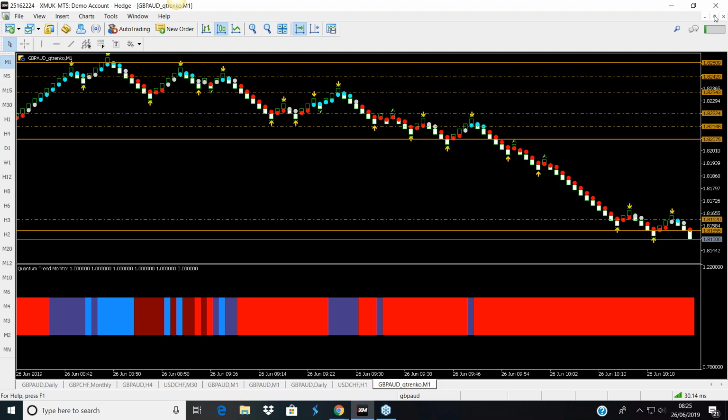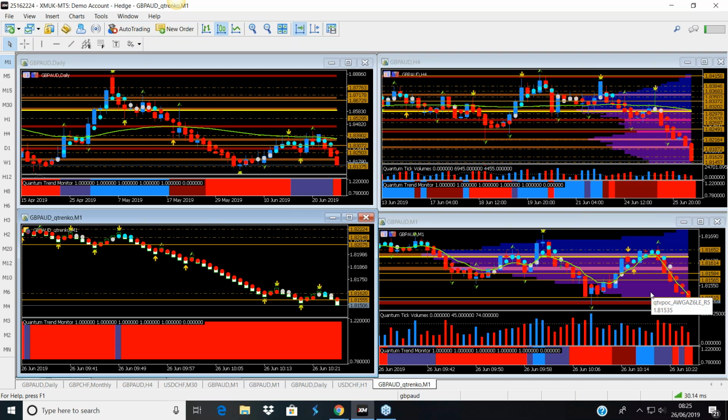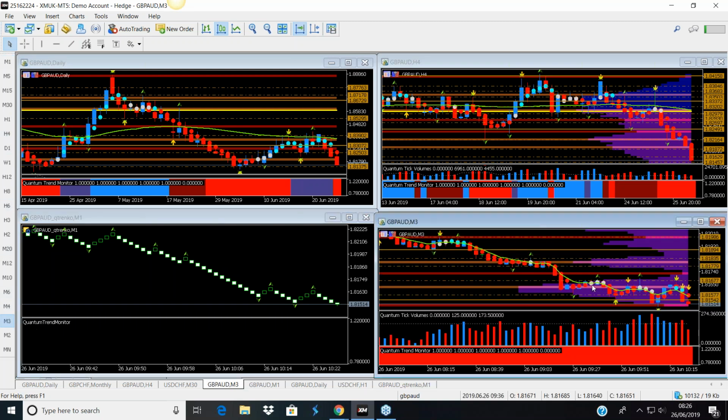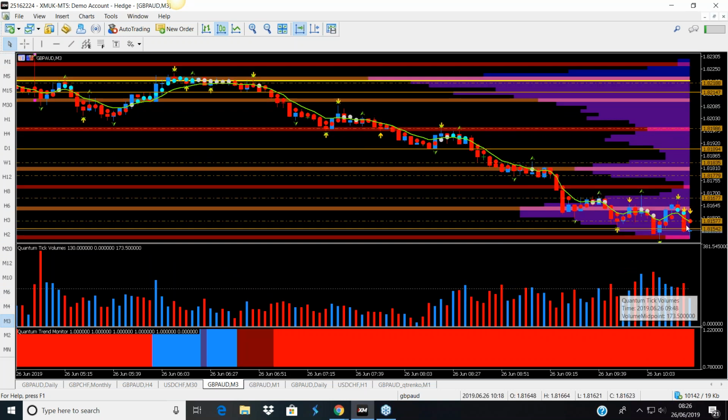So using the VPOC in other time frames to help you with entries is also a great way of being able to enter an existing trend with a degree of confidence, and also looking at what the volume price analysis is telling you as to whether the move that you are seeing is valid or not.